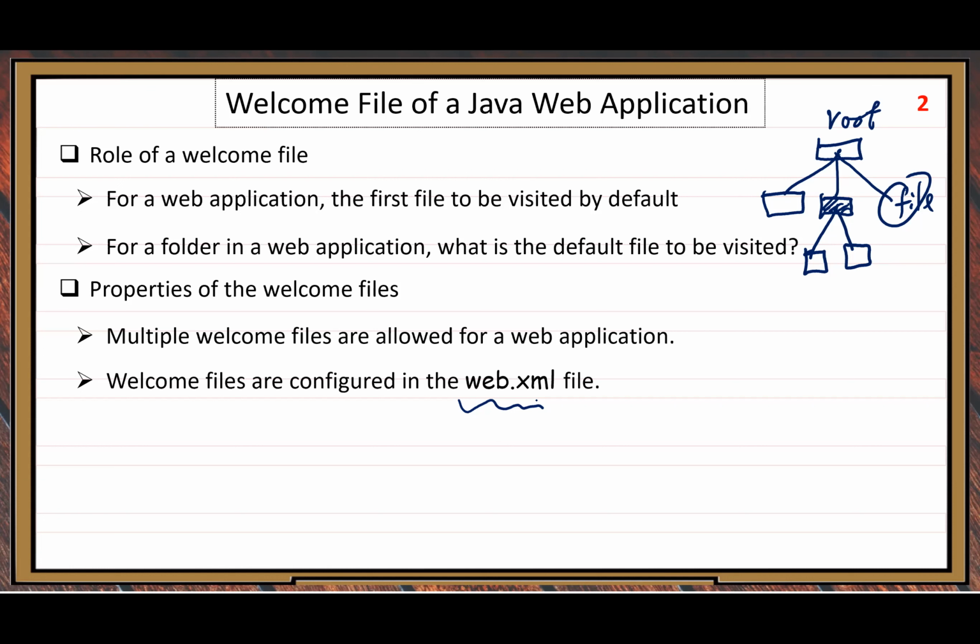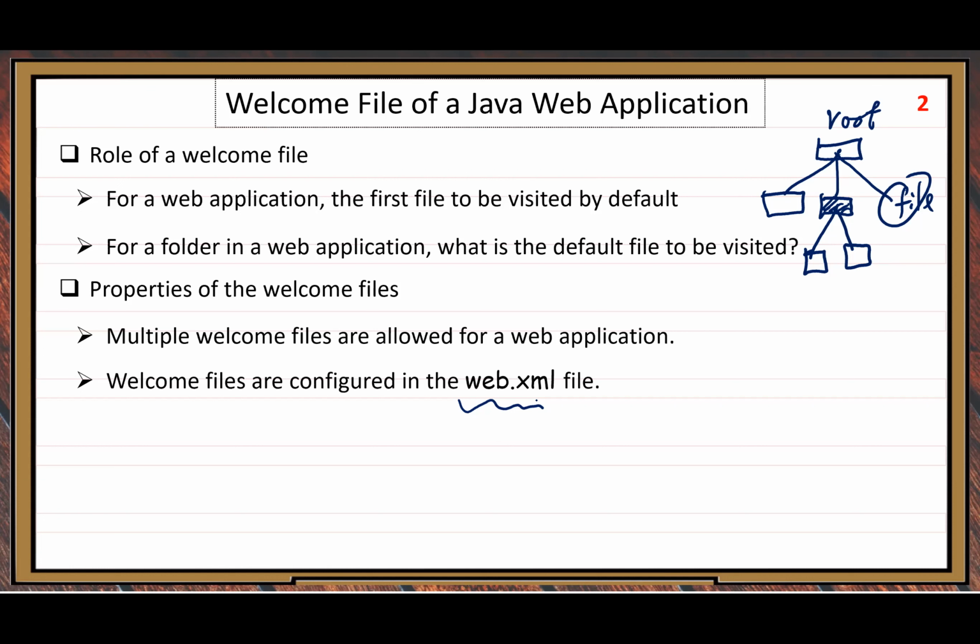But remember, in our first Java web project, we do not use it. We skip it. In Eclipse, there is a checkbox. When we create a dynamic web project, we uncheck the checkbox because we do not plan to use it. It does not mean this file, web.xml, is not used.